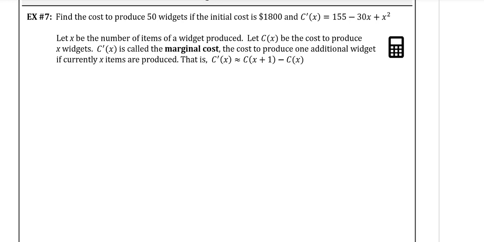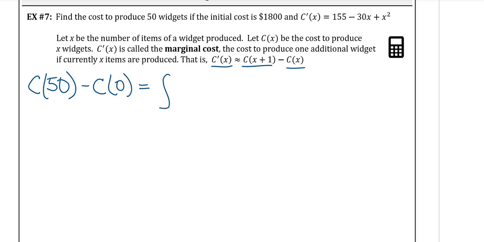Now if you remember this, your marginal cost is equal to the cost of the next one minus the cost of where you were. So that's the idea we're going to use to do this. We want to find C of 50. So if we subtract C of 0 from that, that should equal this integral from 0 to 50 of C prime of x dx.